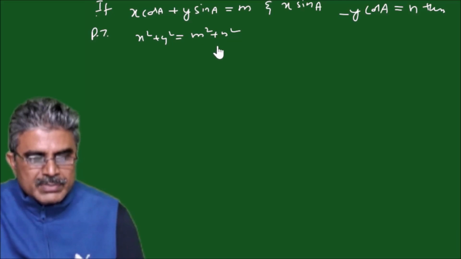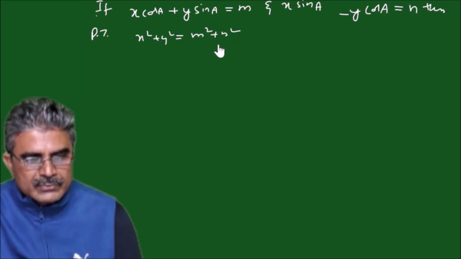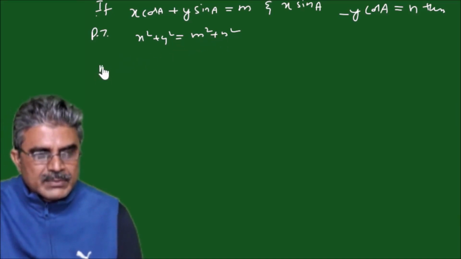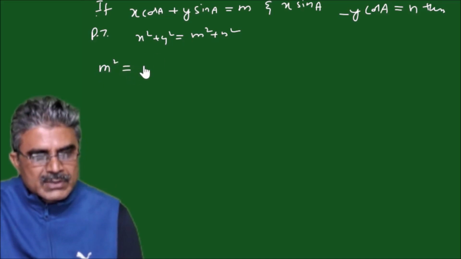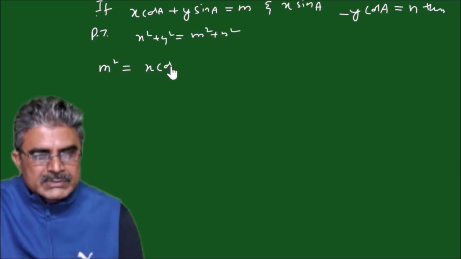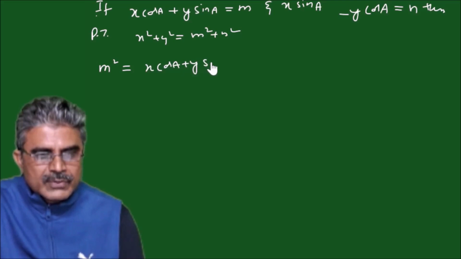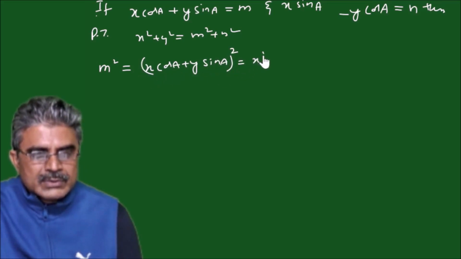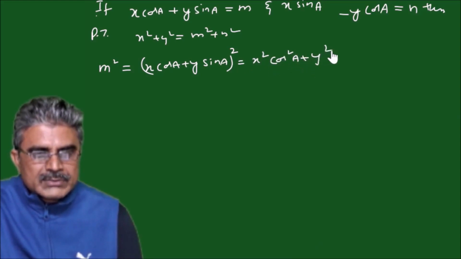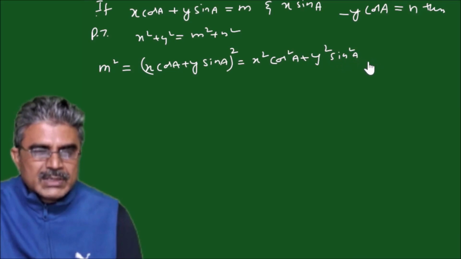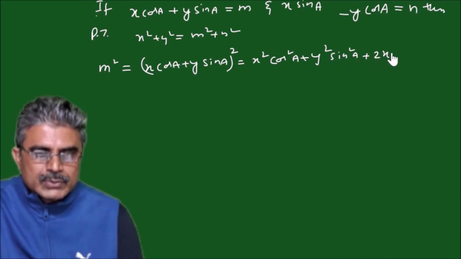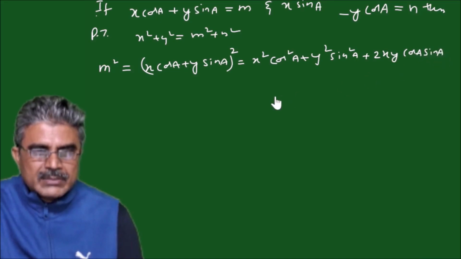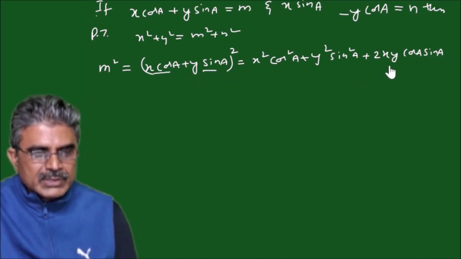We have m² plus n² in the term which we need to prove. So consider m² from the given thing. m² is equal to (x cos a plus y sin a) whole squared, which will give x² cos²a plus y² sin²a plus 2xy cos a sin a. 2 into ab, that's what I wrote.